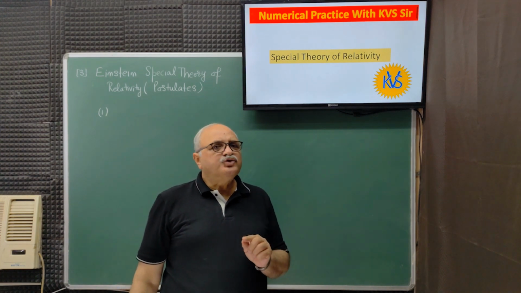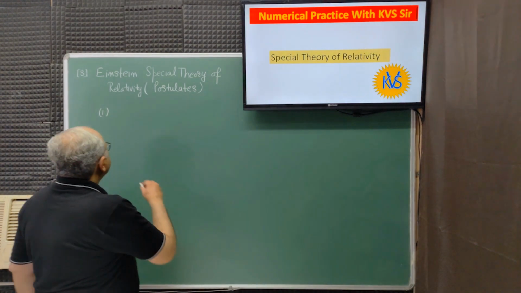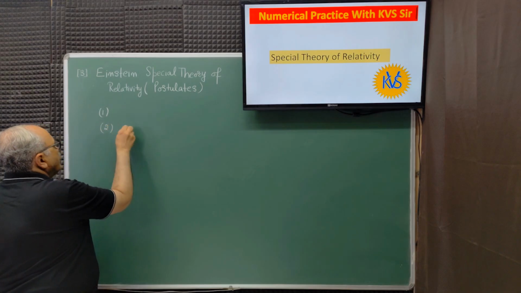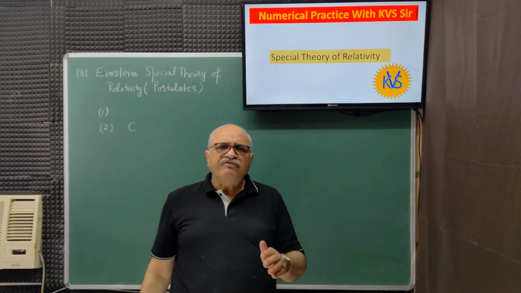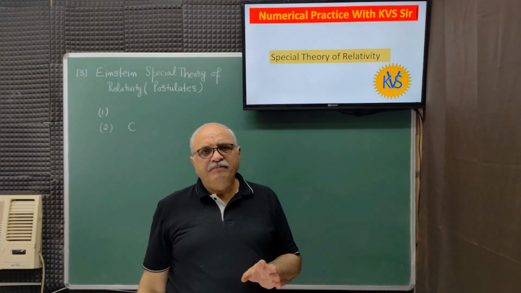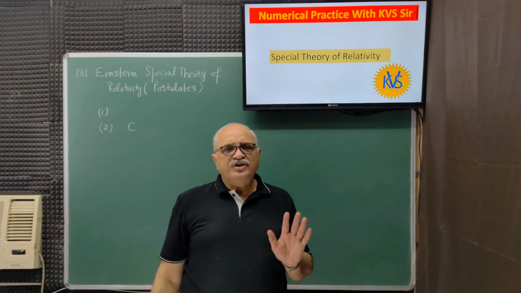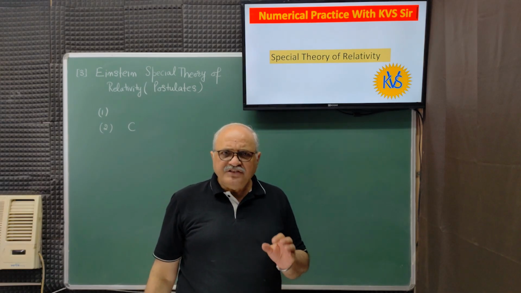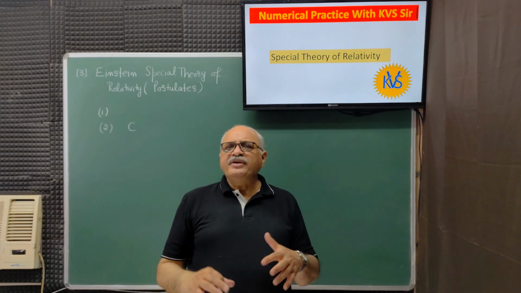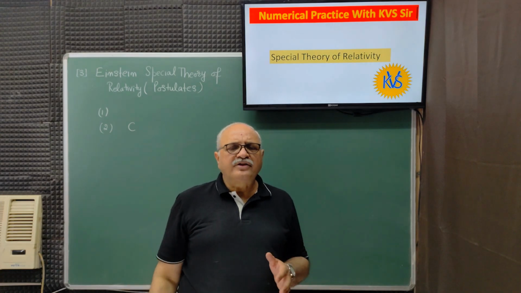The second postulate is that the velocity of light observed by the observer of any inertial frame moving in any direction always remains the same. We assume here that there is no medium and light travels in vacuum.